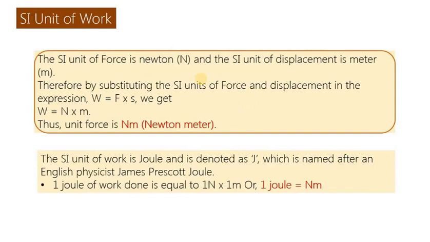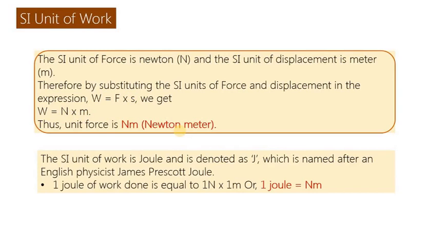So if work is force multiplied by distance, and we know that the unit for force is the Newton, and the SI unit for displacement is the meter, that means we're going to say newtons multiplied by meters. Work is force times distance, or force times displacement, so it becomes newtons multiplied by meters to give you Newton meters.